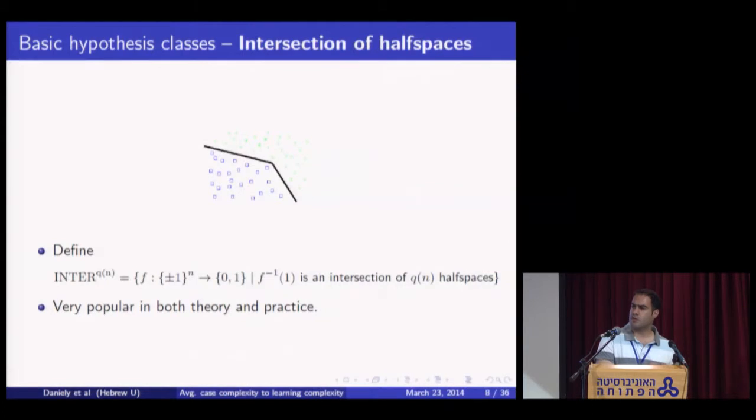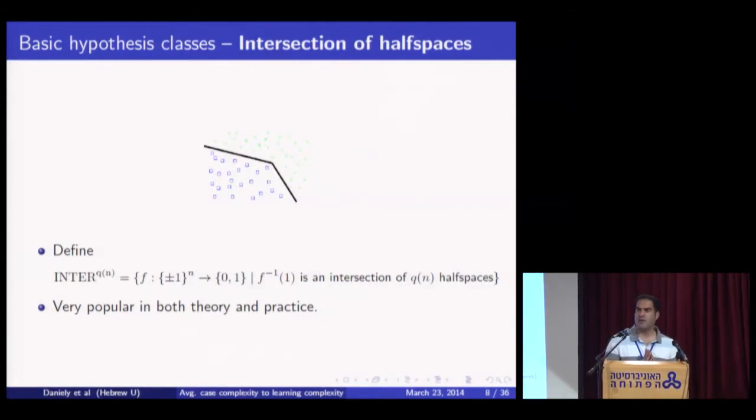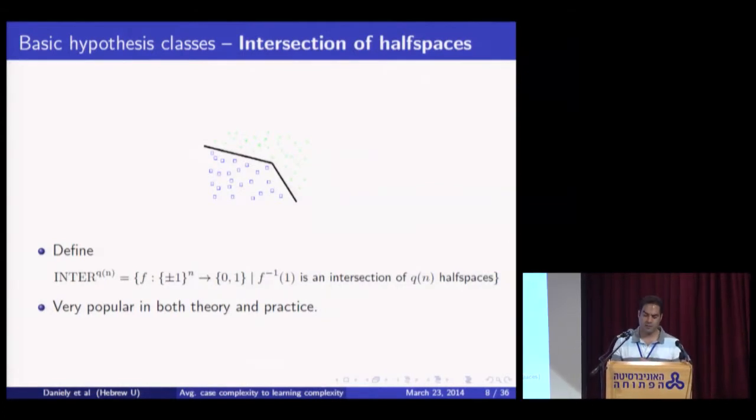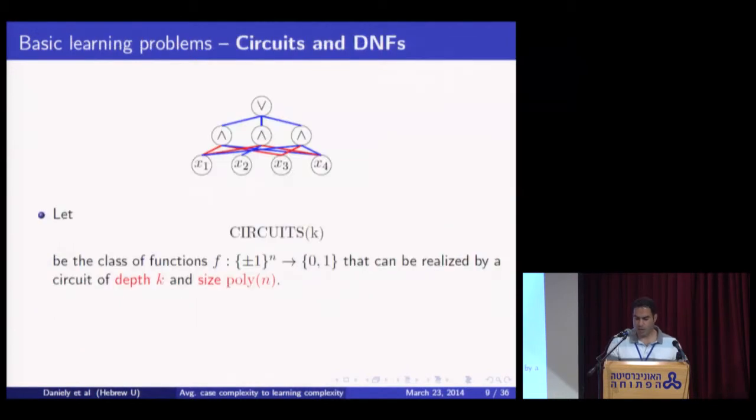A natural generalization of this class is learning intersections of half spaces. So here we look at a function from the Boolean cube to {0,1}, such that the pre-image of 1 is an intersection of several half spaces. So this is another very popular class. And the last family of hypothesis classes, or learning problems, I'll describe are circuits and DNF formulas.